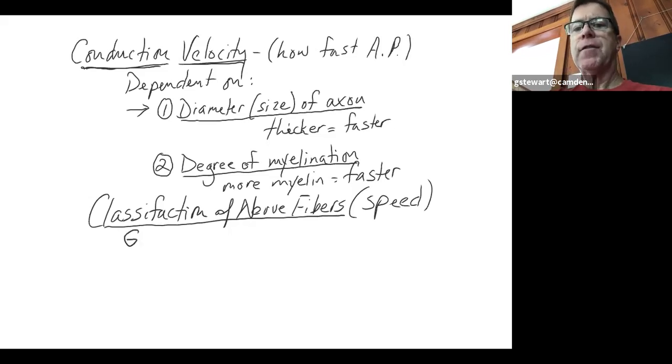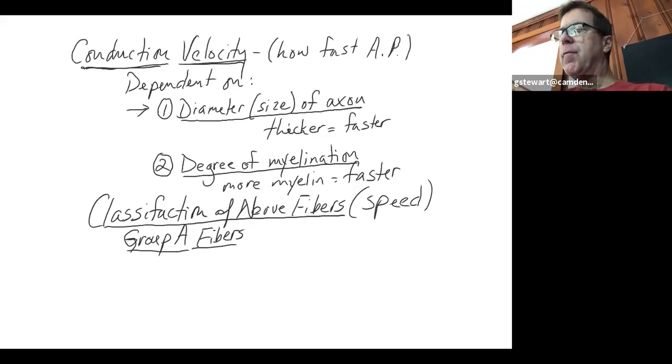We classify these as group A, group B, and group C. So group A fibers, these are what we call somatic, sensory, and motor fibers.